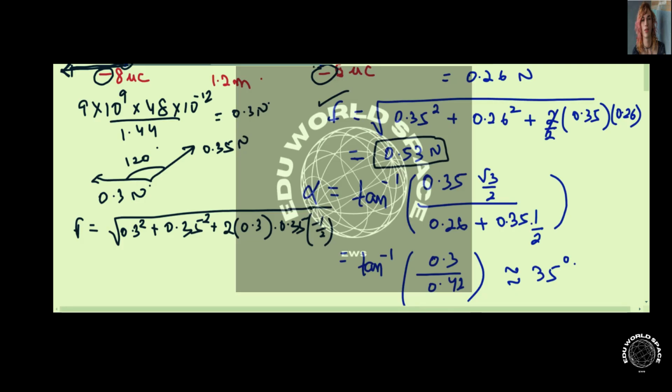So when we simplify this, we're gonna get 0.35 times 0.3. So we get finally 1.1075, and root of this will be 0.32 newtons approximately.